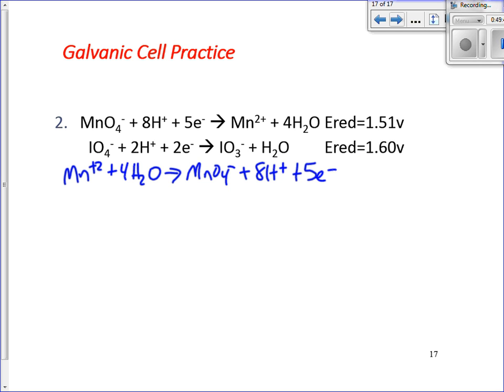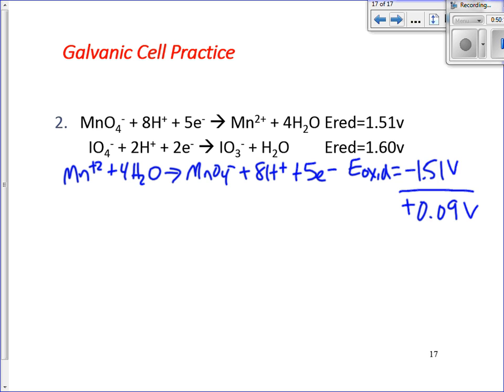So, this now is going to be oxidation. Oh wait. So, our cell potential ends up being a positive 0.09 volts, which isn't very good, by the way. So I don't know if I'd want to be constructing my battery out of these components, but it still is a positive E cell, so that's good.